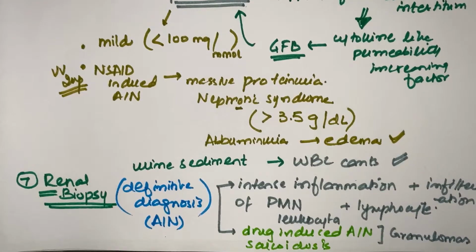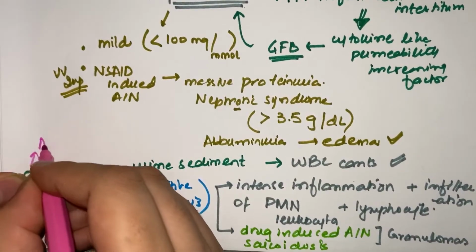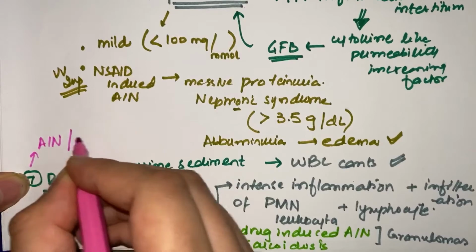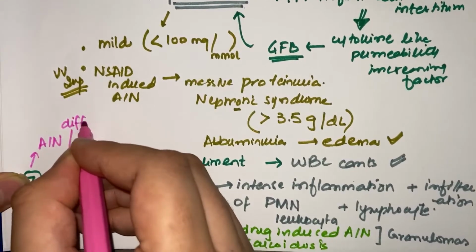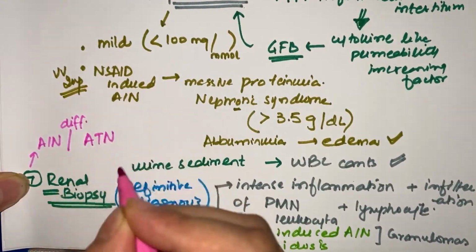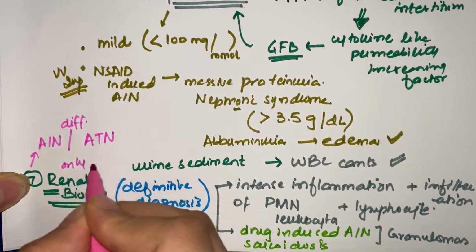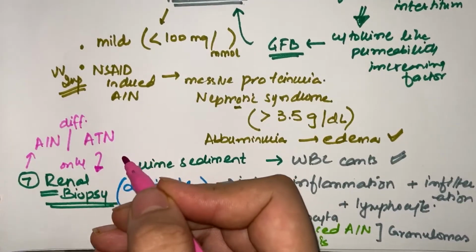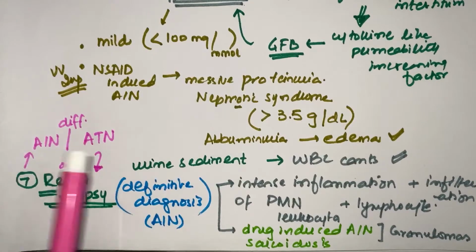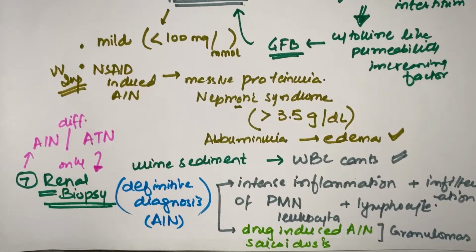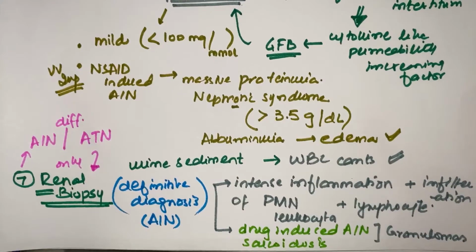And another important point: acute interstitial nephritis can be differentiated from acute tubular necrosis only by the renal biopsy. So we can't differentiate these two diseases by the clinical investigations or on clinical grounds.